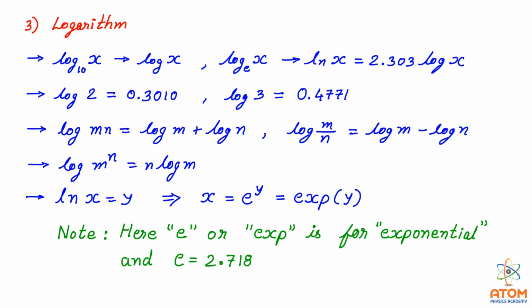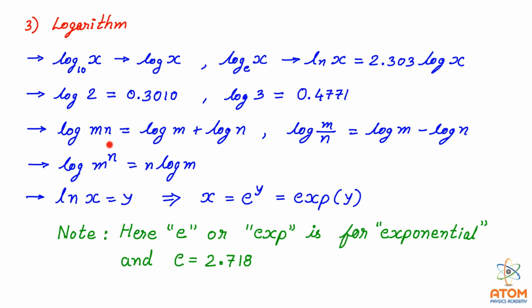You need to remember at least two values of log because they will be frequently used. One is log of 2, that is 0.3010, and log of 3, that is 0.4771. Now let us see some other equations also for log.